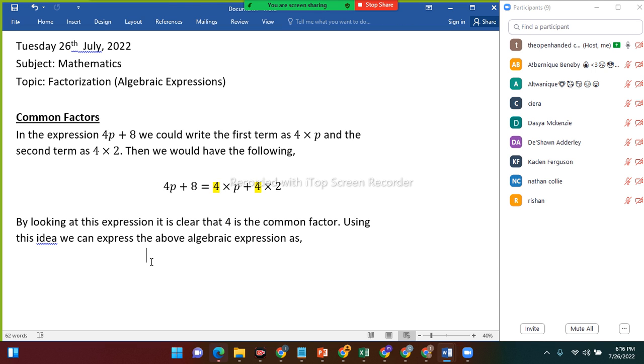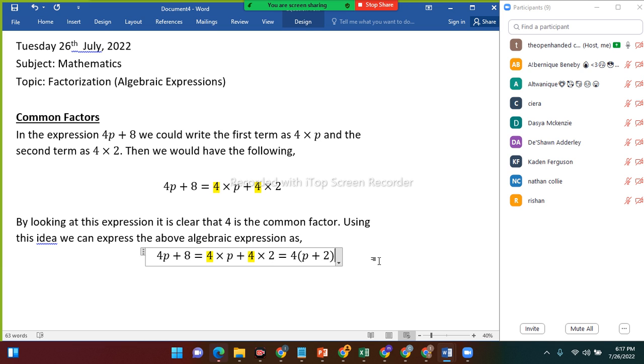So we can say, okay, we have 4 here and we have 4 here. So that means that that'll be equal to 4 open bracket P plus 2.